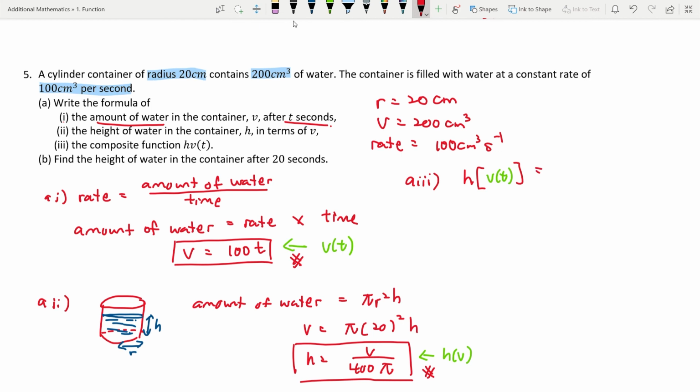Our h is V over 400 pi. Since our V becomes V(t), we will have 100t divided by 400 pi, which is t over 4 pi.